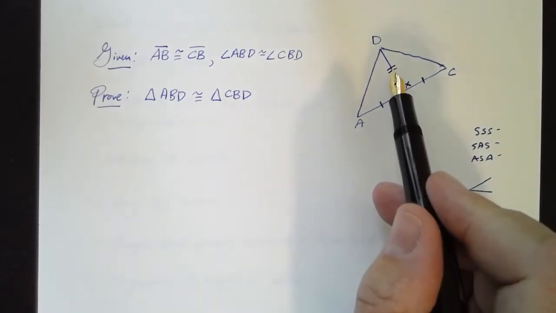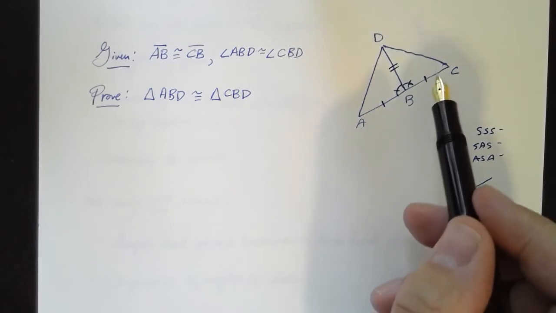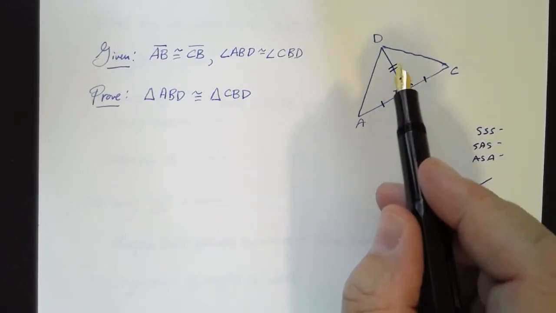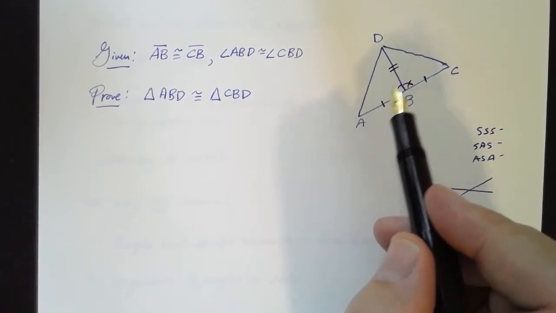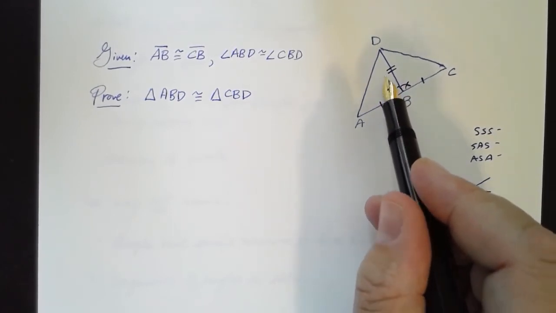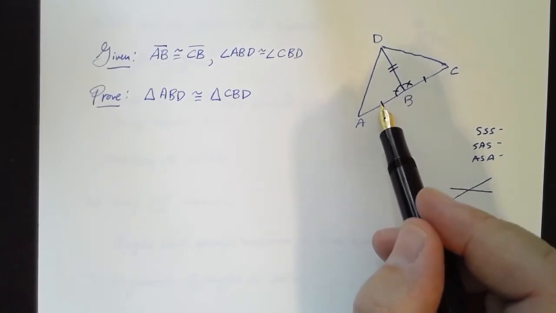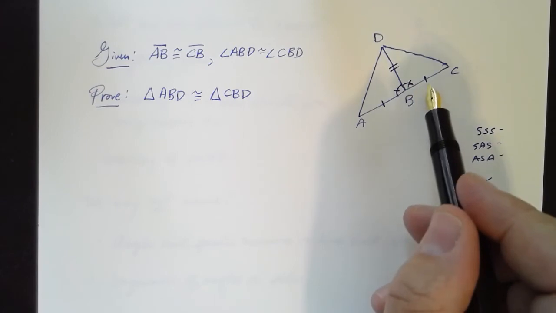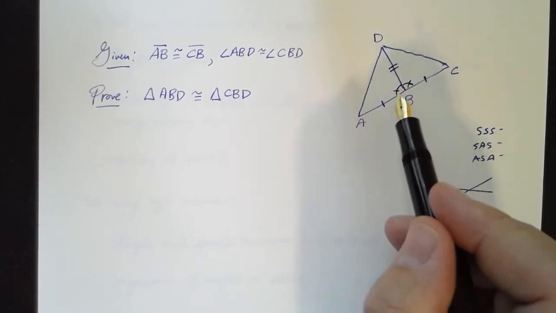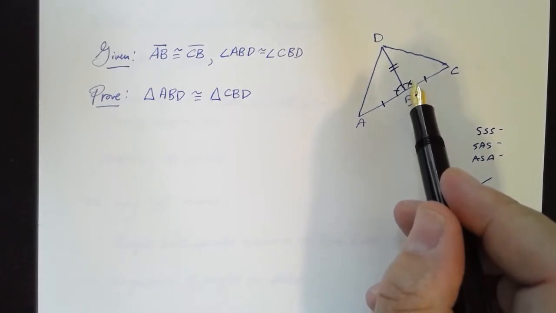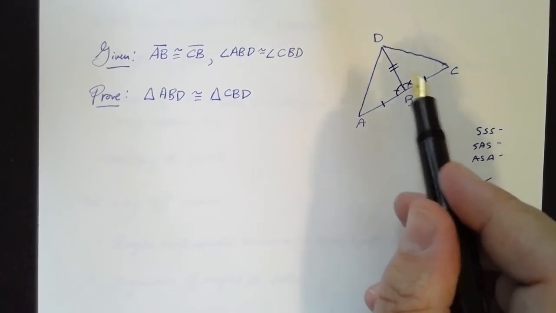Notice I put two tick marks on this. This is because I don't know that it's congruent to either one of these. I'm just double tick marking to say it's congruent to itself, and also it helps me see the congruence pattern that's forming here. I have the same side, sort of a pair with itself, and then I have the angle in between these two sides and the angle in between those two sides.